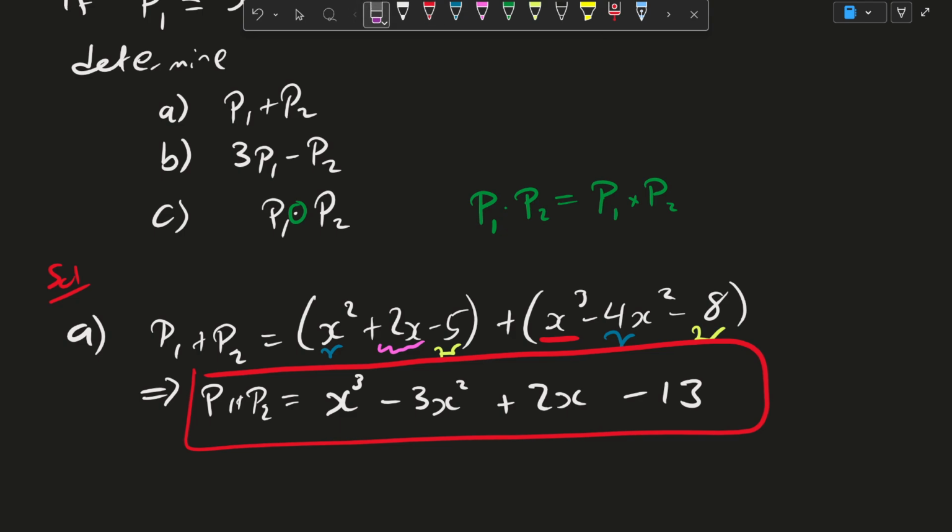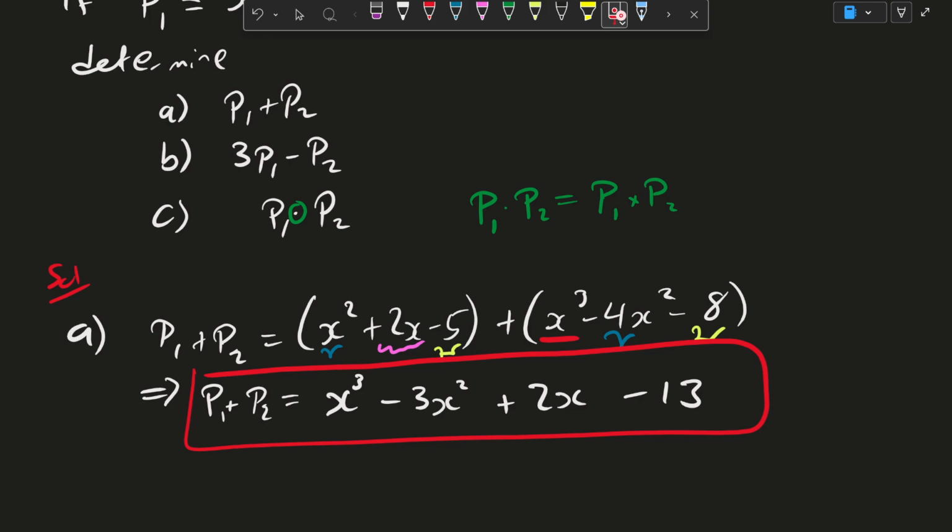And note that in this particular case, the degree of the sum of these polynomials is just the highest degree that appears in either one of the individual polynomials. This is not always true because you could get a cancellation somewhere.